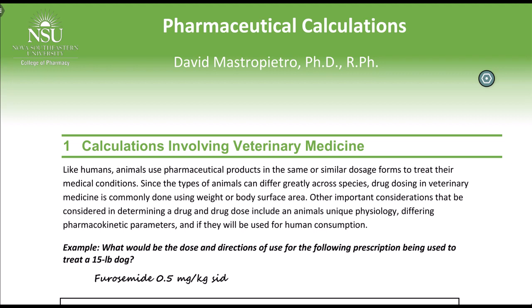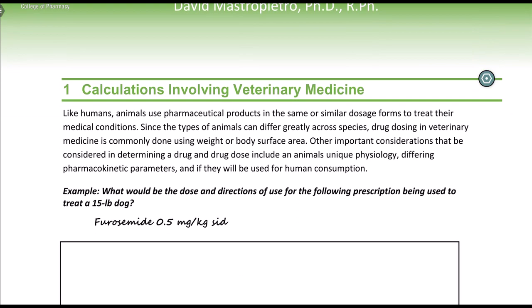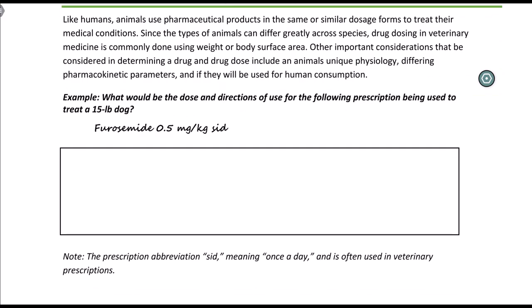So let's first look at an activity that you kind of got introduced to in your active learning exercise about calculating a dose for veterinary medicine. This one is going to be an example of certain directions or SIGs that you might see in a prescription from a vet.